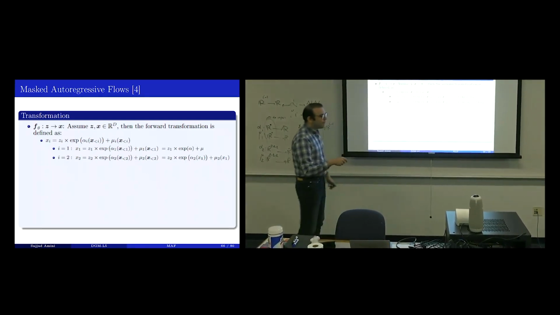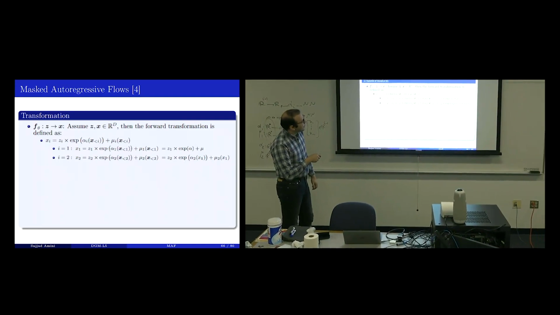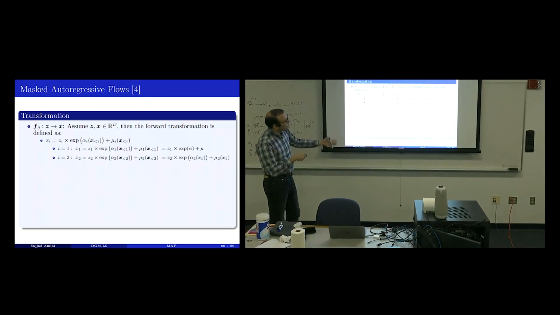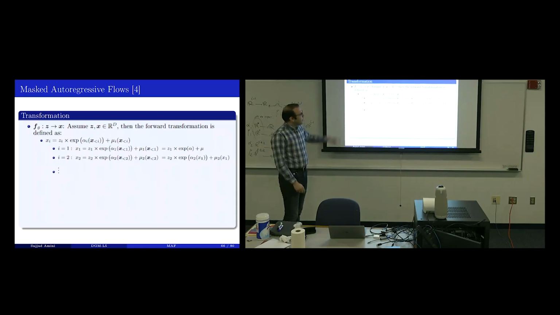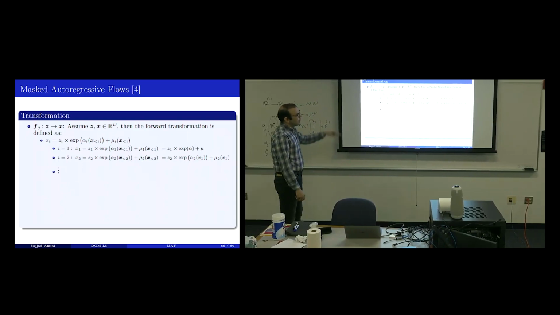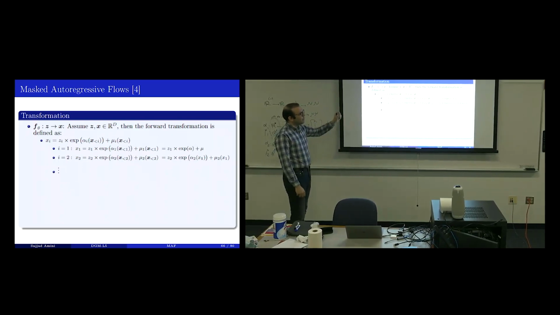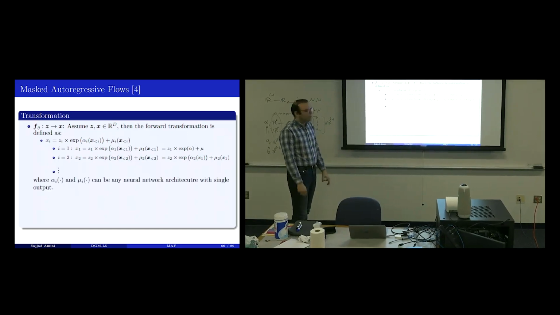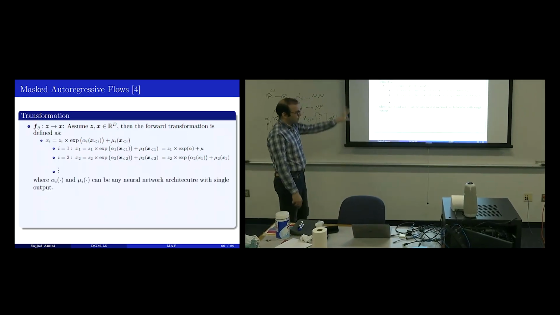Why can we use them? Because they are previously generated. It means that x1 is previously generated, so you can use it in your transformation. We continue this procedure until we generate all elements of the observed space. We will see another visualization of this procedure in the next slide.